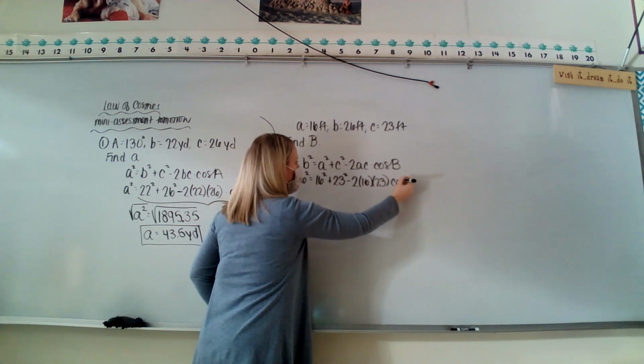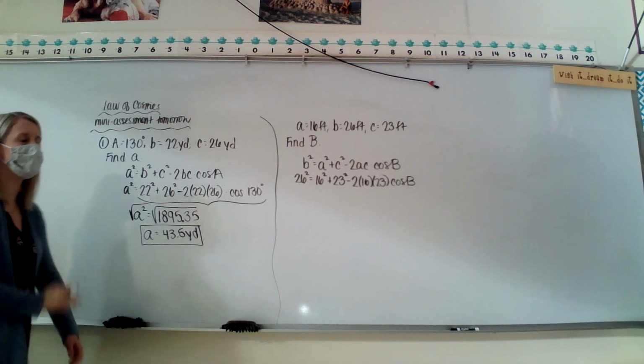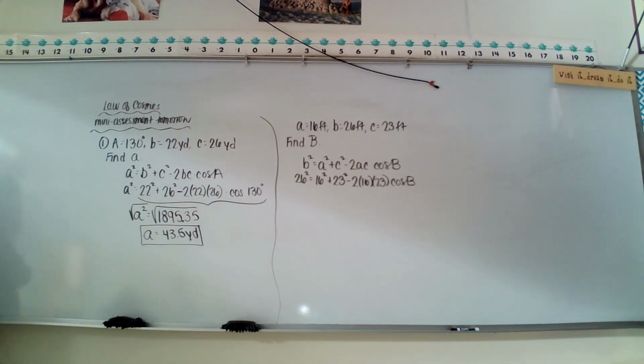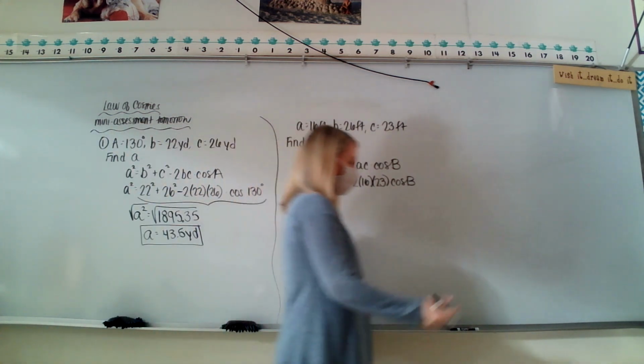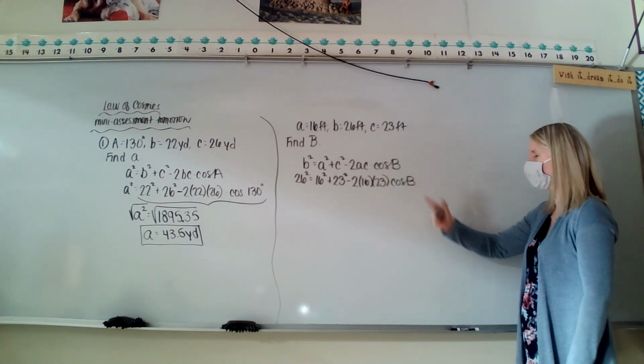And then the issue is I don't know B. So I have this big long thing that I need to start rearranging to find what that B is. I do the same steps every time. If you look back at any of your problems from last week, they all look the same. I say to myself, all right, I need to solve for this.